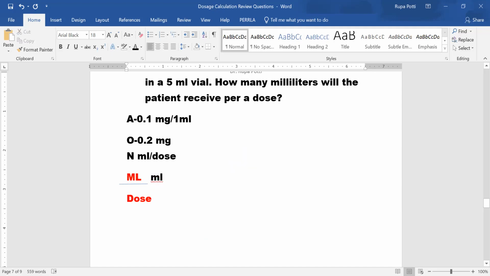So now it says I have 1 mL. That is what is in my problem, right? Now, what is that 1 mL associated with? That 1 mL is associated with 0.1 milligrams.